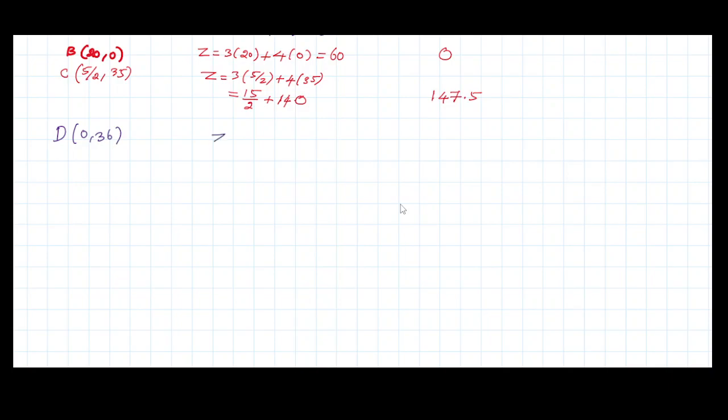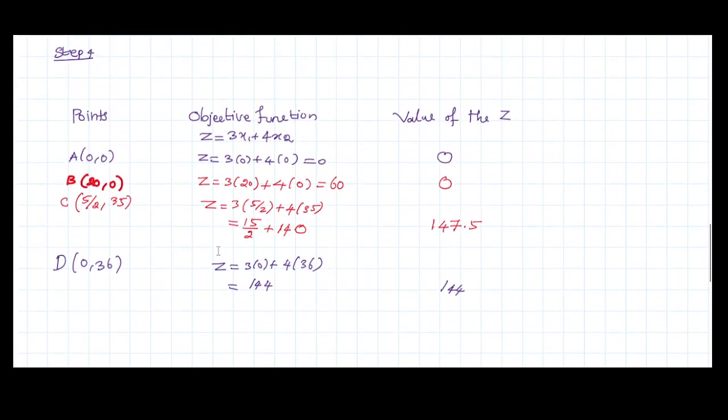Here the value of z equal to 3 into 0 plus 4 into 36, which is 144.